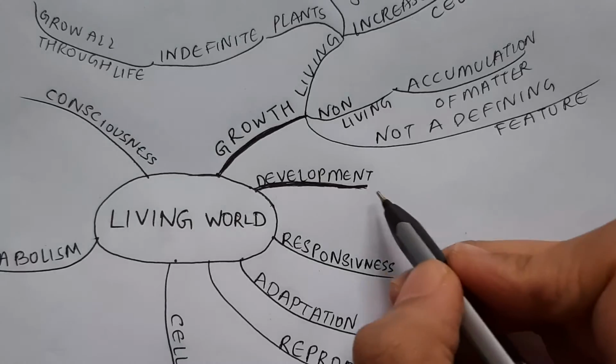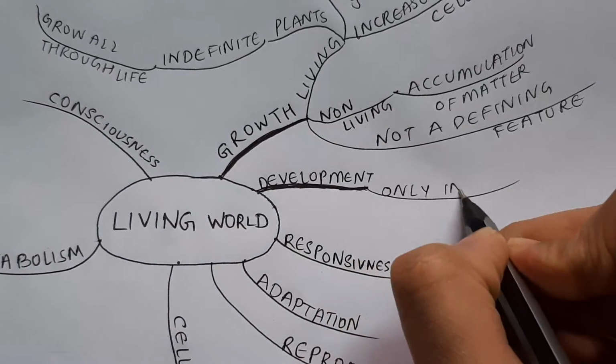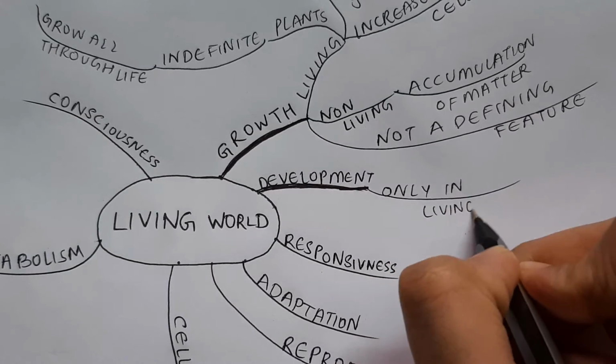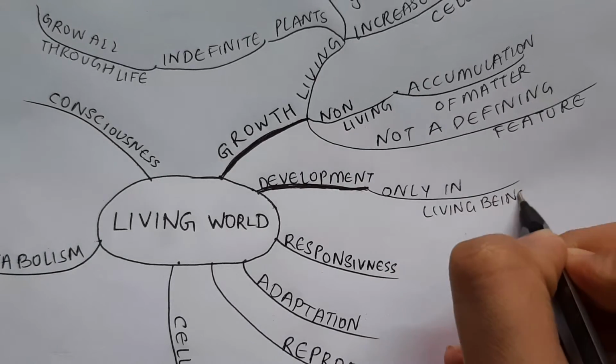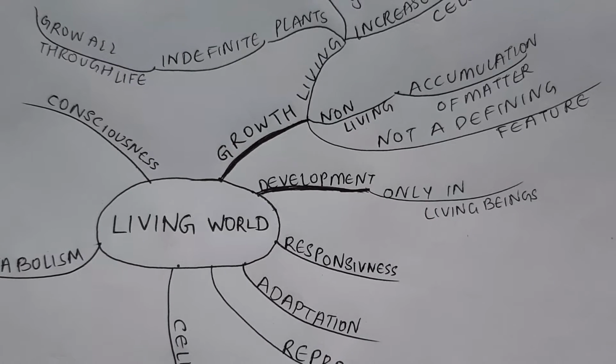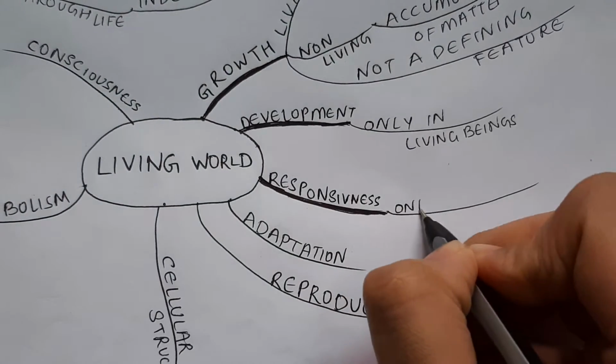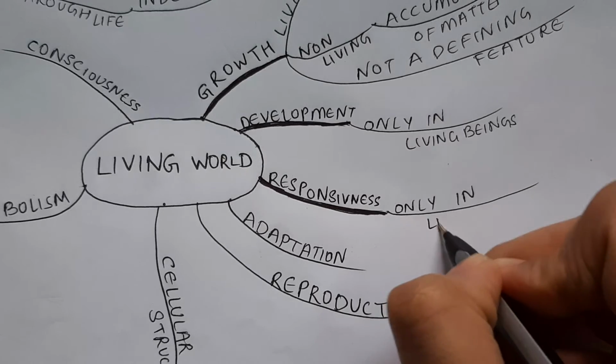Talking about development, this happens only in living organisms. So development can be said as a defining feature of living organisms. Next feature is responsiveness. This is also seen only in living beings.